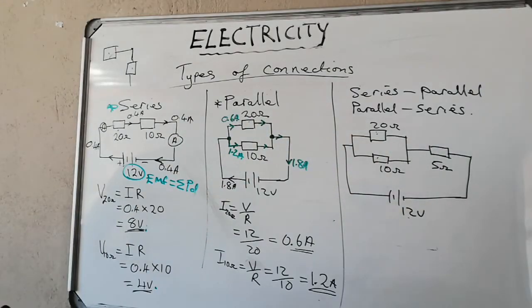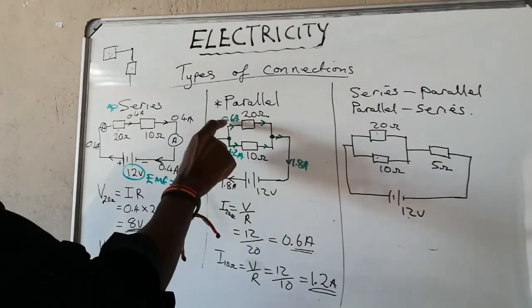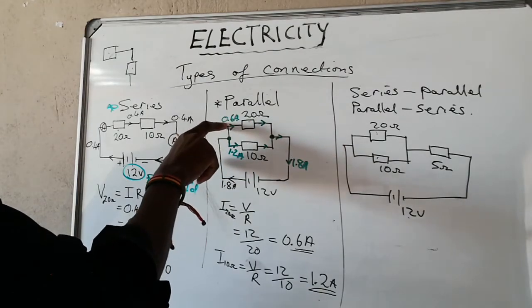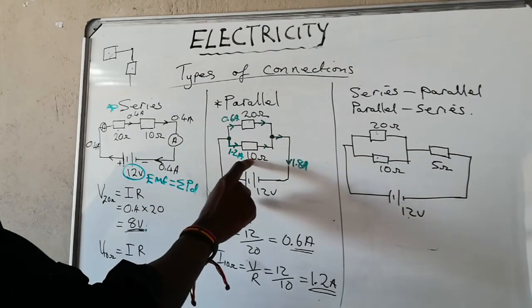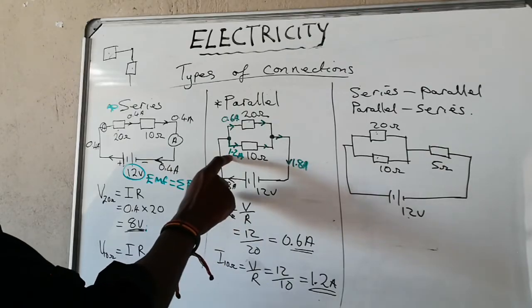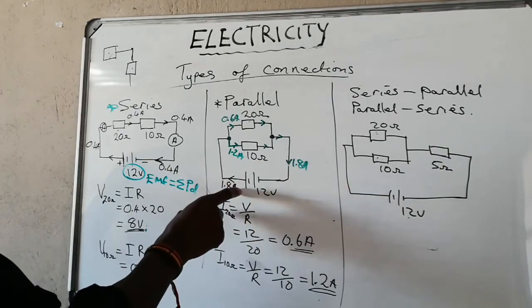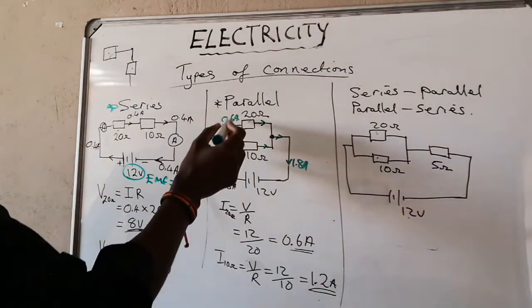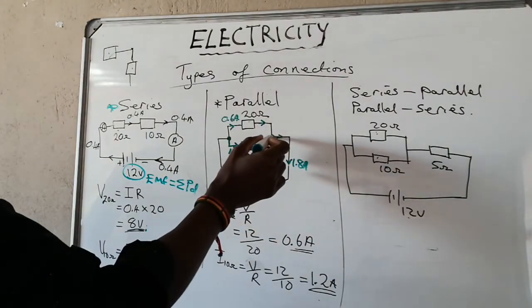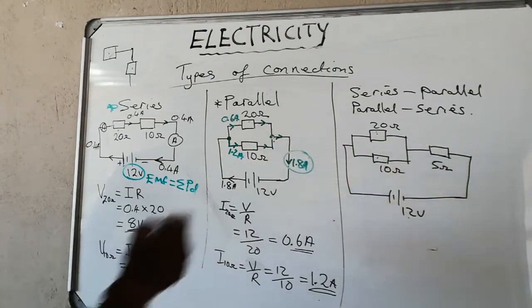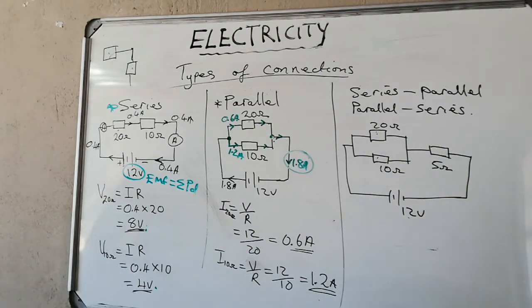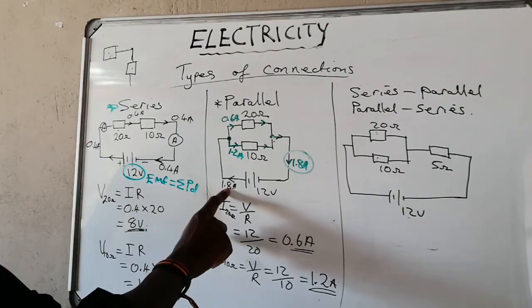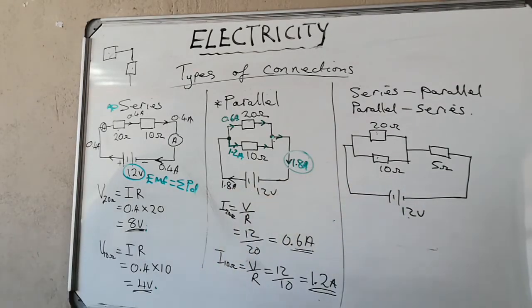The big guy now, it is opposing too much, so only a little amount of current will go through there. On the 10 ohms, the smaller guy, a lot of current will pass through there, and it is that all current is coming from there. When these two currents 0.6, 1.2, they meet up there, they will add up and give us the total of 1.8 amps. The same amount that left the battery is still the same amount of current that returns to the battery.